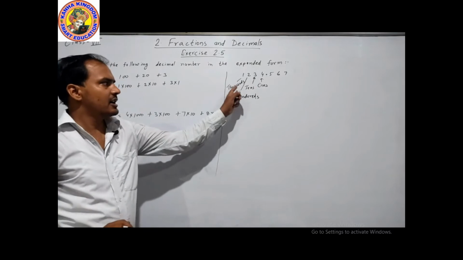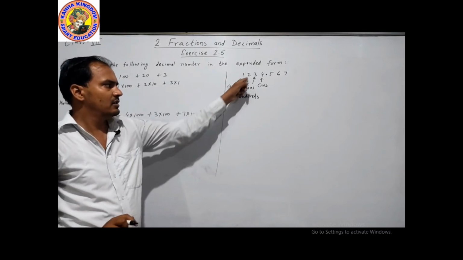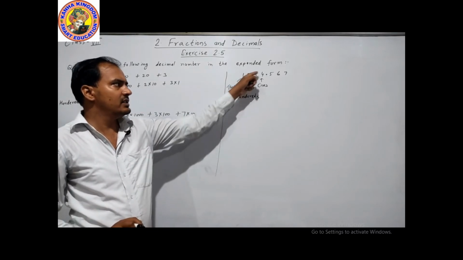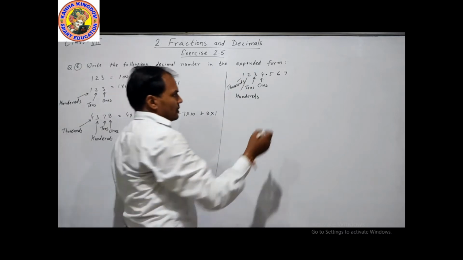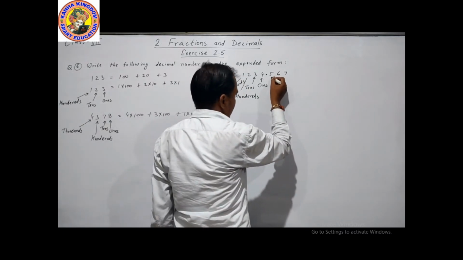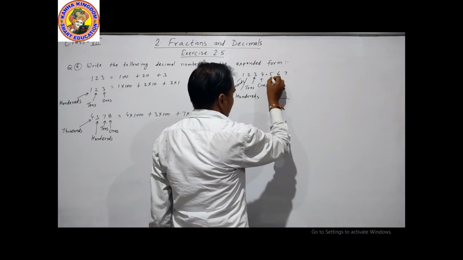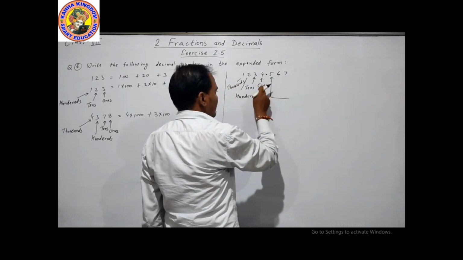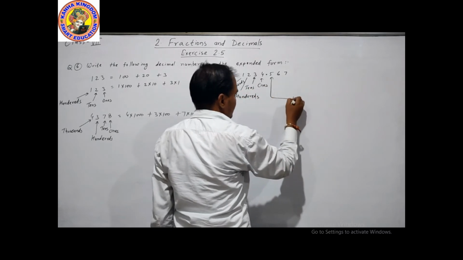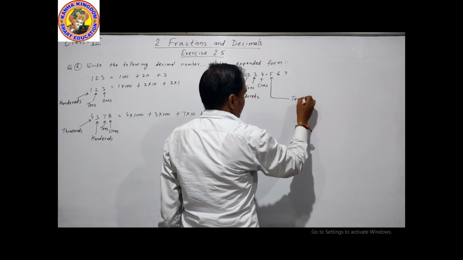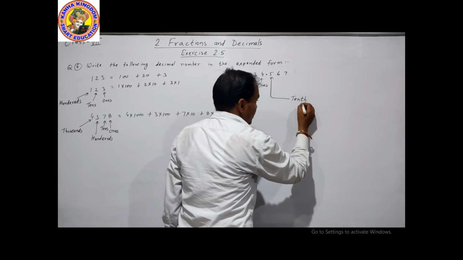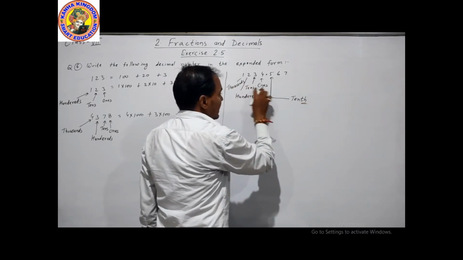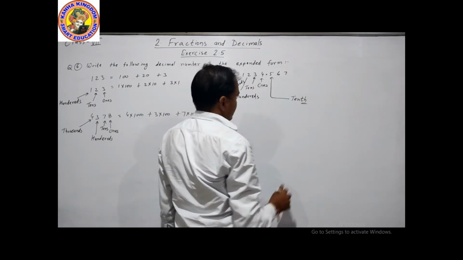So these are thousands, hundreds, tens, ones. Now in the decimal part, after the ones, the tenths come. So this is our tenths.